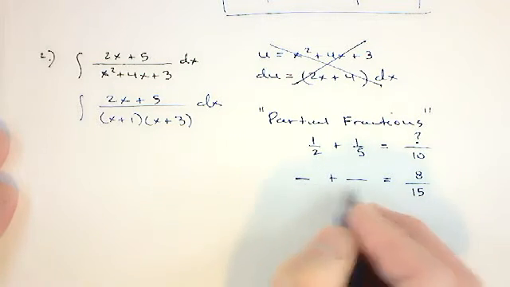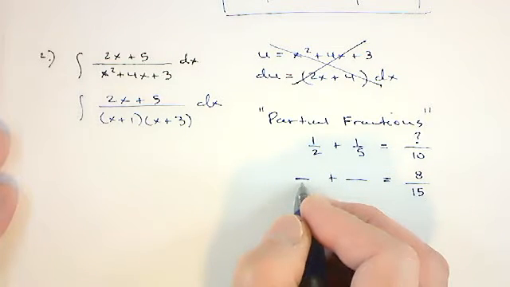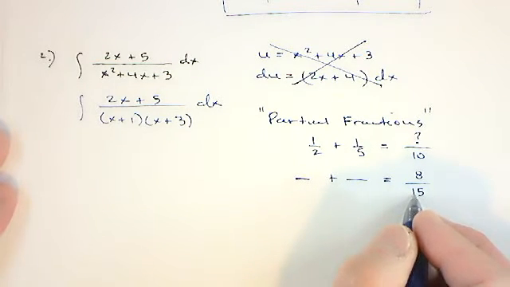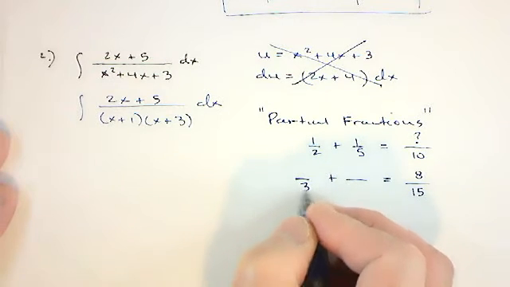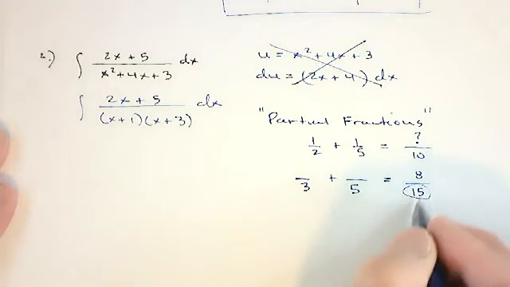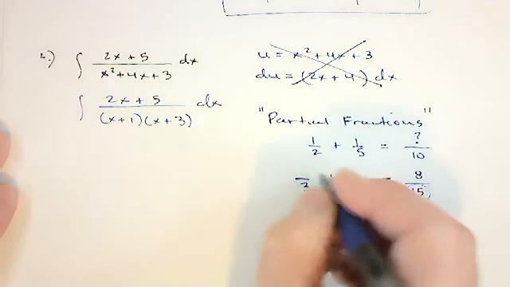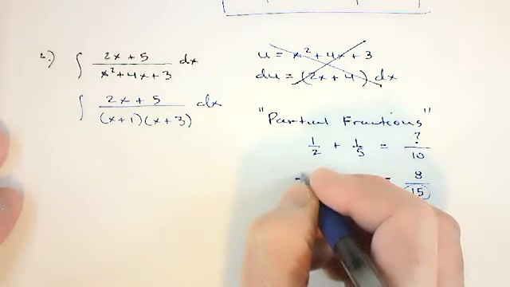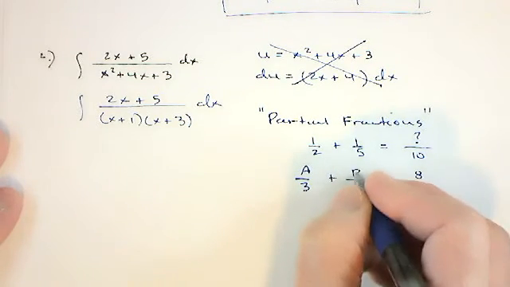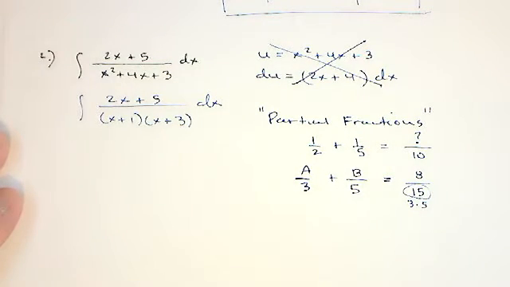One thing we would know for sure based on the way we add fractions is, what would our denominators be? If we got 15 for our final common denominator here, can you see that our two denominators would have had to be 3 and 5, right? Those are the factors of 15. 15 is 3 times 5. So those would have to be the denominators. And we could temporarily call this numerator A, call this numerator B, and do some work to try to figure out what A and B are.